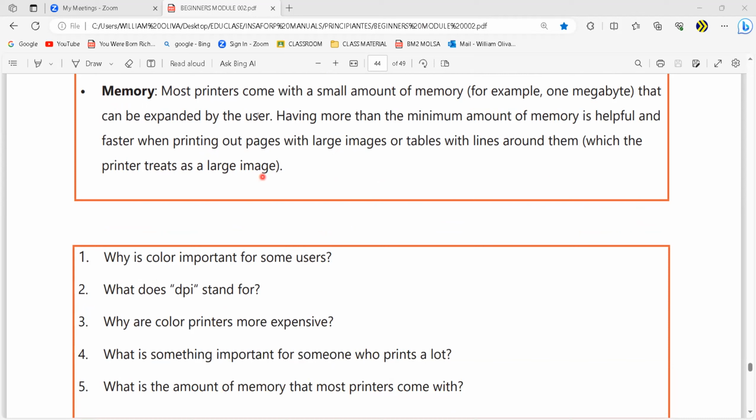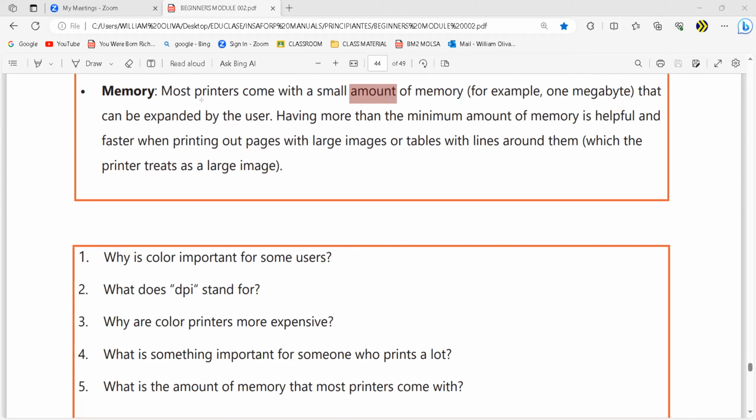Memory. Most printers come with a small amount of memory, for example, 1 MB, that can be expanded by the user.